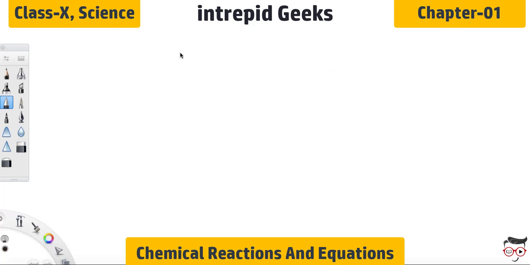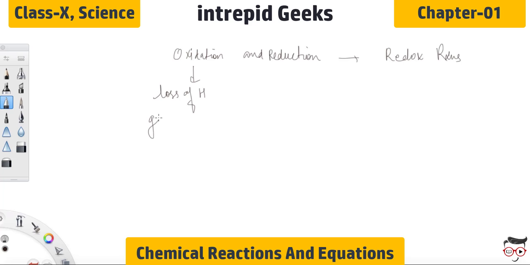Now the last type of reaction which I will discuss is the oxidation and reduction type of reaction, which also leads to redox reactions, a detailed topic to be discussed in class 12th also. So what is oxidation? In simple words, loss of hydrogen or gain of oxygen is oxidation.